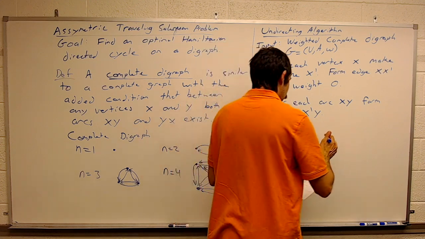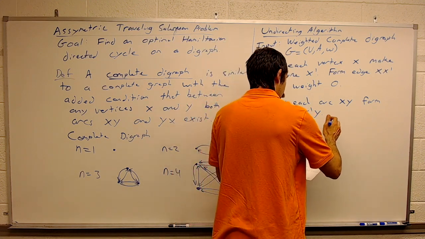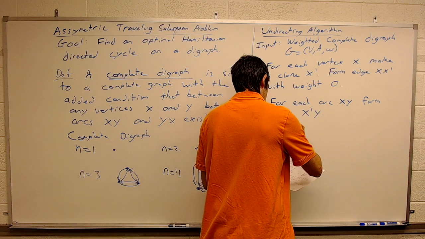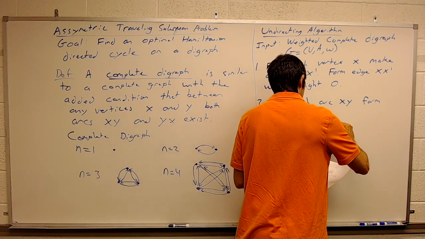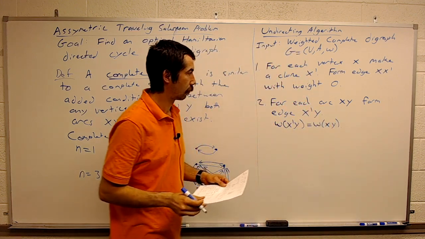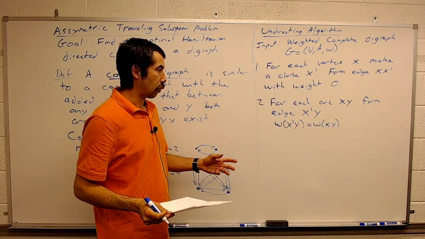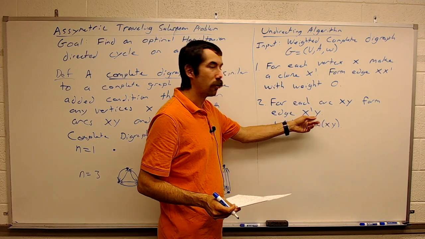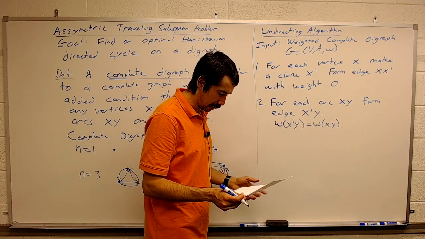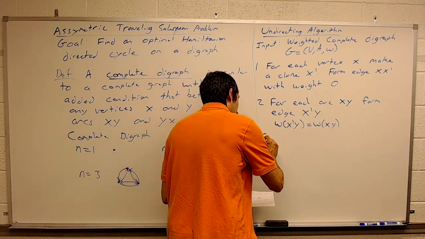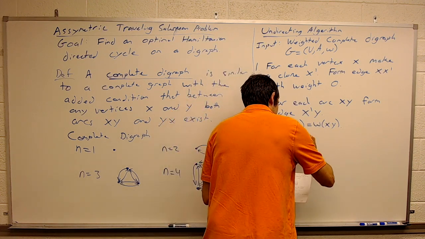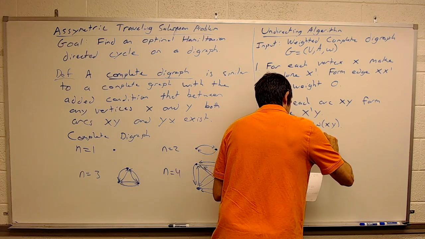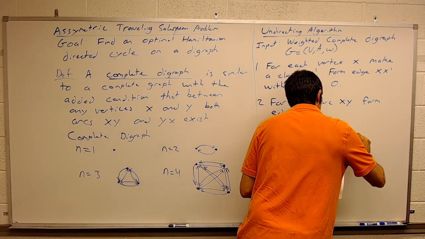And the weight will just be the weight of the arc xy. Okay, so for each of these arcs, we're going to have a new edge x prime y, and the weights are going to stay the same. If we do this for all of the arcs, the output is going to be a weighted clone graph.